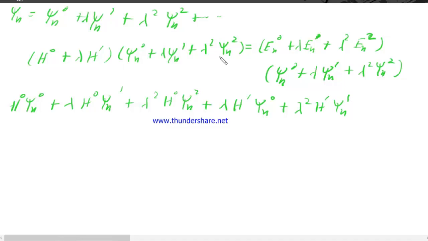The other terms are to be neglected because lambda is a small quantity, so the higher powers are to be neglected.